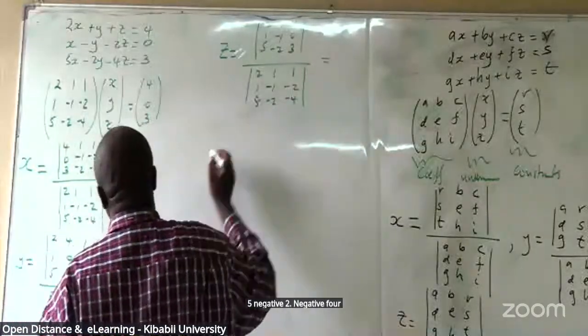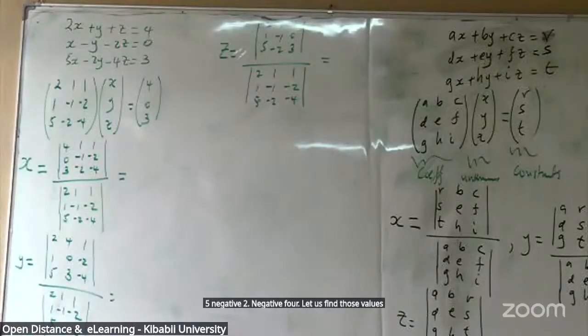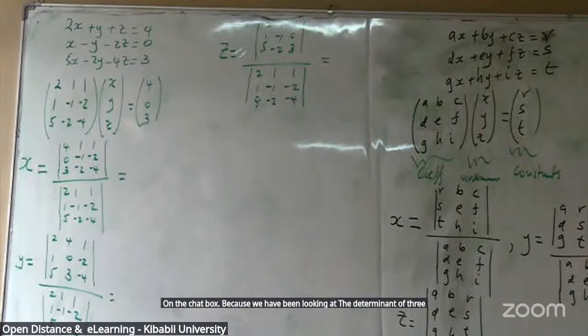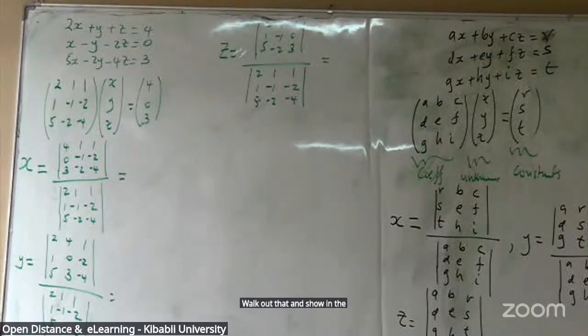Let us find those values and share on the chat box, because we have been looking at the determinant of 3 by 3. We looked at it and we can see that it can help us solve systems of linear equations. Work out that and share on the chat box.